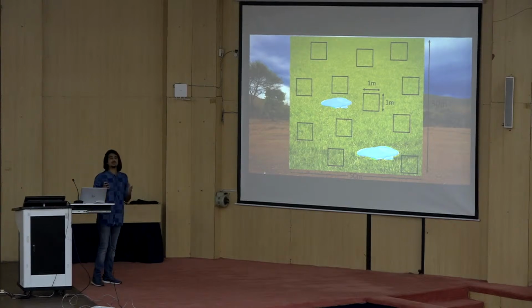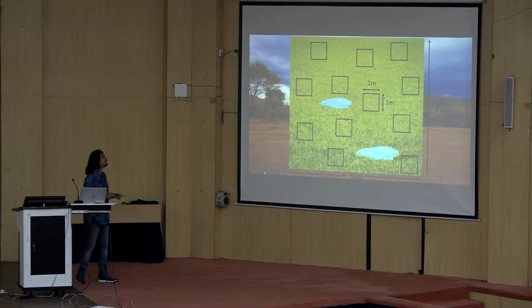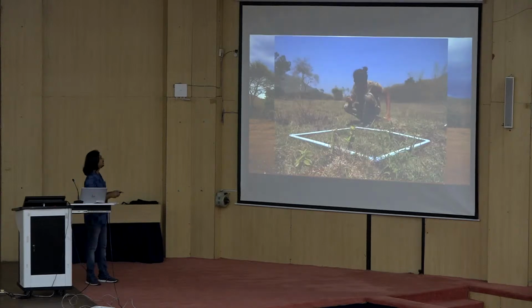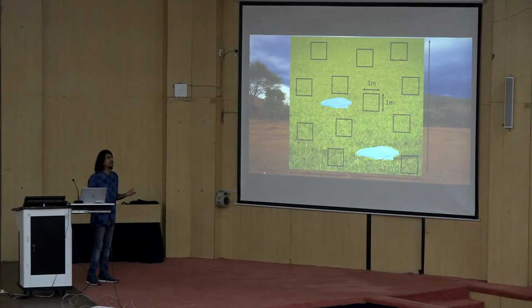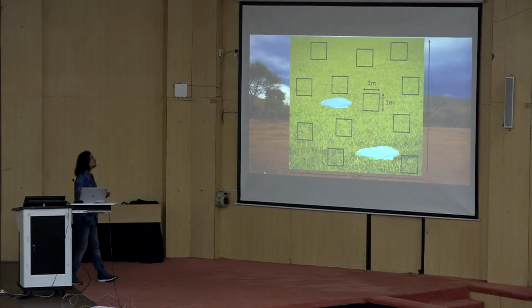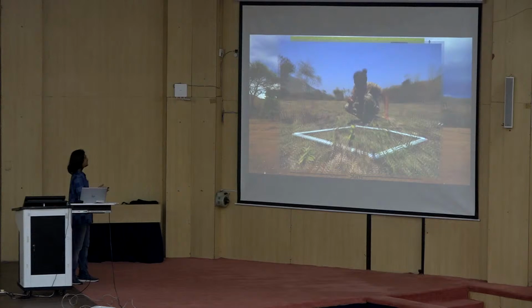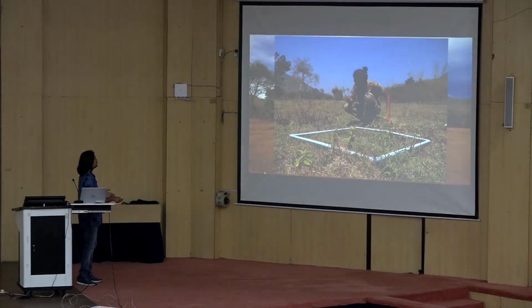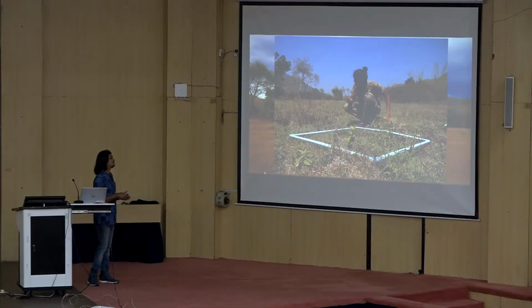We use a stratified random sampling approach to lay these subplots inside the plots, and we consider the spatial heterogeneity of the plots before we lay the subplots inside. So this is what a subplot looks like. We are looking at the species identity and the abundance of the respective species within this 1 by 1 meter plot.